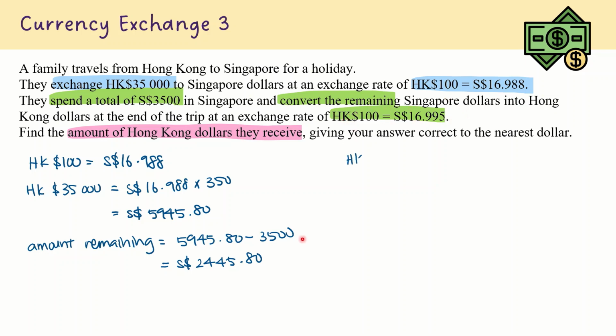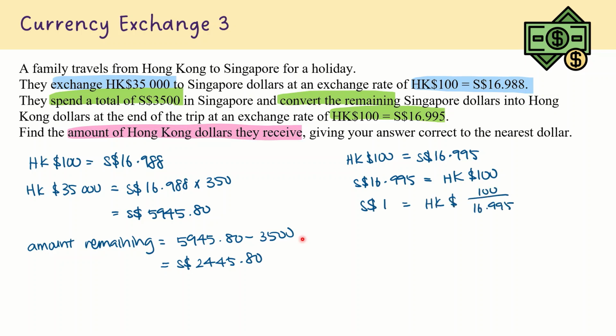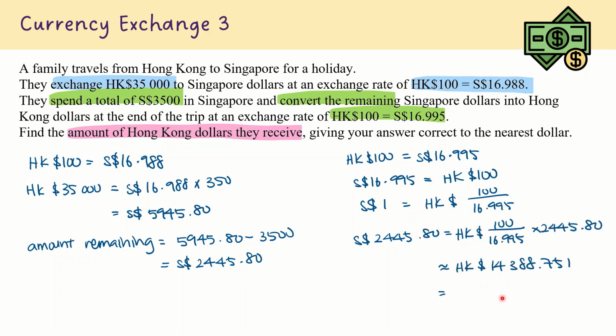The exchange rate in green states that 100 Hong Kong dollars is 16.995 Sing dollars. For convenience, I will switch that around, and then I will find 1 Sing dollar. So 1 Sing dollar will be 100 divided by 16.995, followed by finding out what 2445.80 Sing dollars is by multiplying by that amount, and I will be able to get the Hong Kong dollars value.